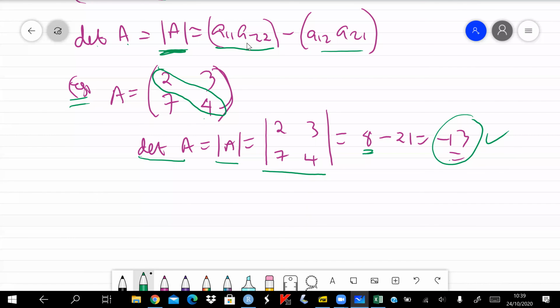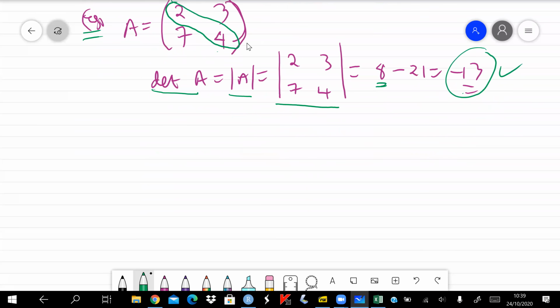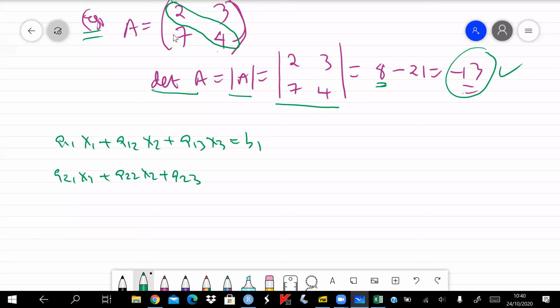When you have a system of linear equations with 3 unknowns, for instance, A11 x1 plus A12 x2 plus A13 x3 is equal to some constant, A21 x1 plus A22 x2 plus A23 x3 is equal to some constant.